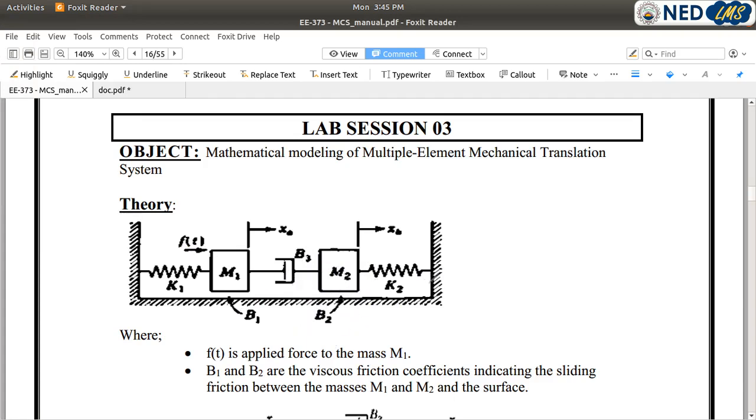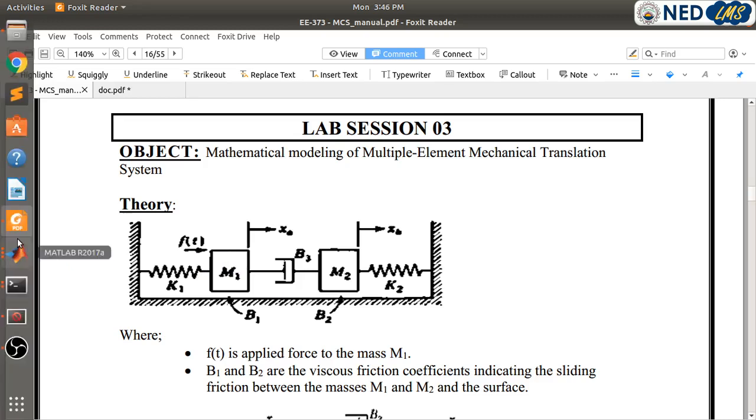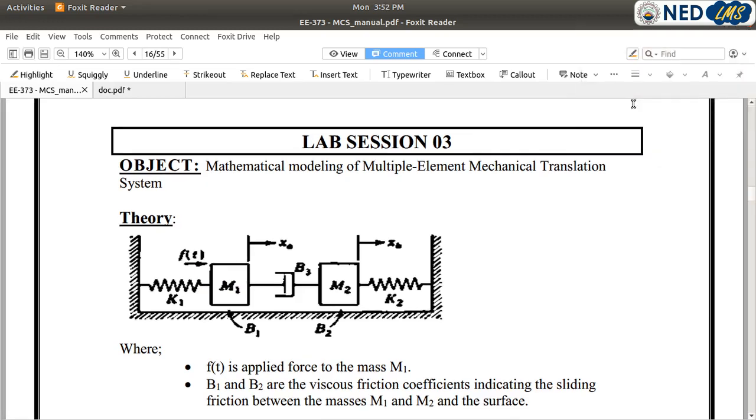So this will move forward and backward, but after some time it will move to its initial position. But for m1, as we have constantly applied this force, although the velocity will be 0 after some time, displacement will be held at some constant value, which is in our case 20 for the assumed values. Now this was all about lab session 3.